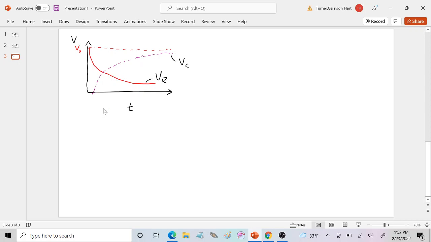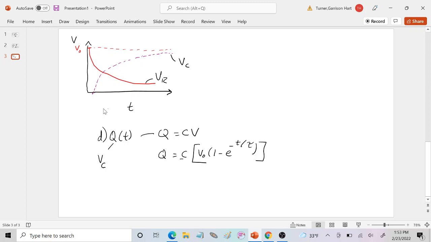And for part D, what about the charge as a function of time? Well, now that you've got the voltage of the capacitor, remember that the relationship here is Q equals CV. And so, as a result, Q is going to equal C times V naught times 1 minus e to the negative t over tau.